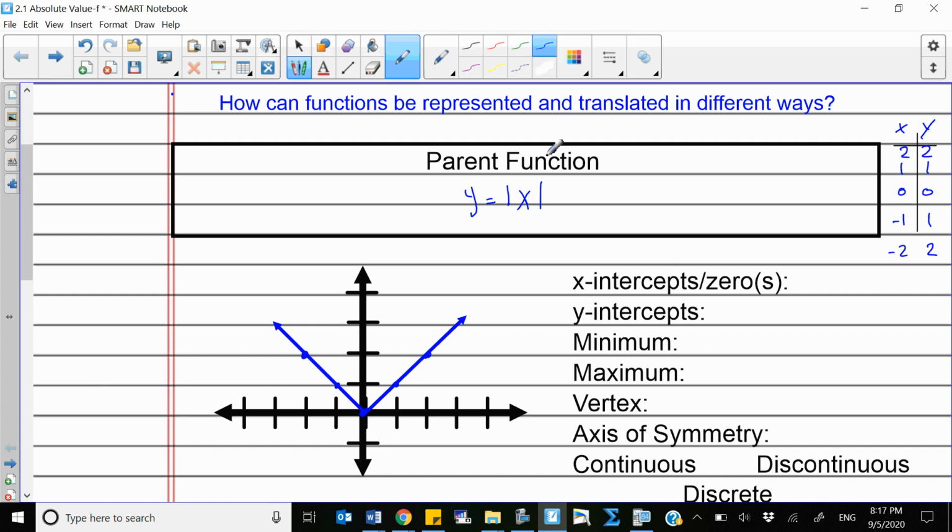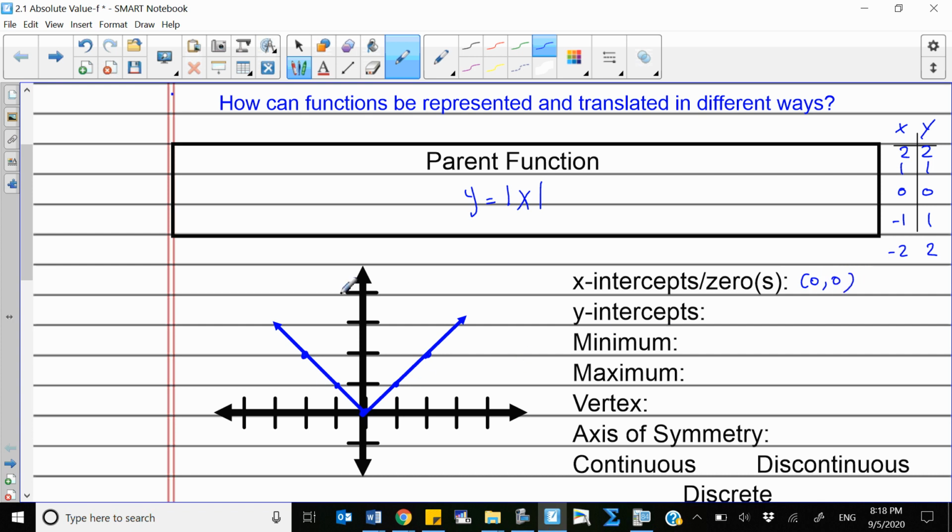So let's talk about some of the characteristics. What are the x-intercepts and zeros of this function? X-intercept is the same as zero, and we know that means where does the graph cross the x-axis? And as we see, that's this point, which is 0 and 0. What is the y-intercept here?